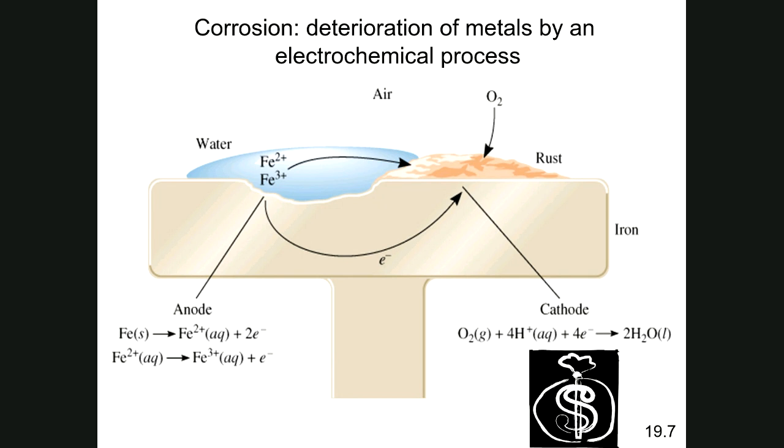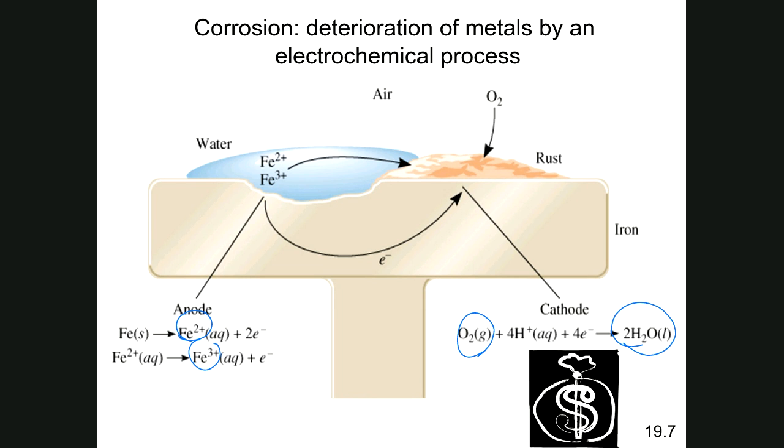So it's an oxidation reduction reaction, because metal in the presence of oxygen is going to be oxidized. The iron changes from iron solid to iron 2 plus or iron 3 plus. Then you have oxidation taking place and oxygen being reduced. So oxygen gains the electron from the iron and it changes to water.